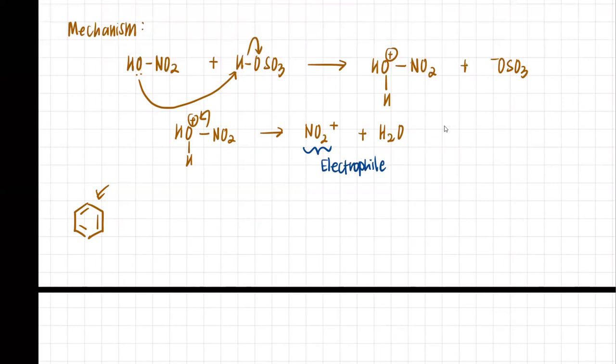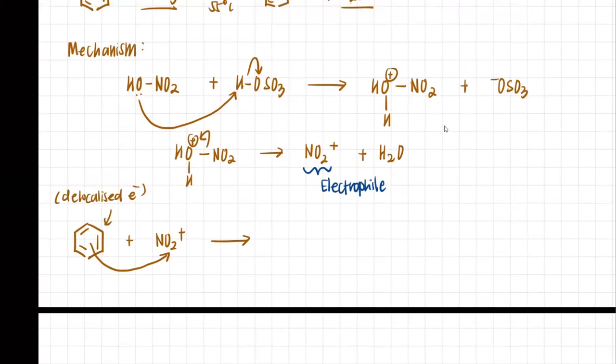So this benzene ring combines with the electrophile. Benzene comes and attacks because benzene contains a lot of delocalized electrons, so it is rich in electrons. Remember, a mechanism is the movement of electrons, from a high region of electrons to a low region of electrons.